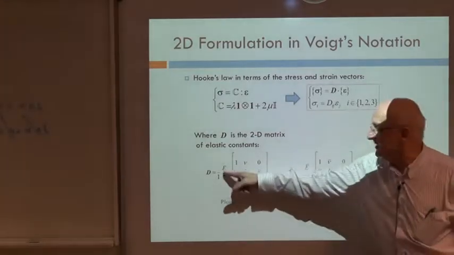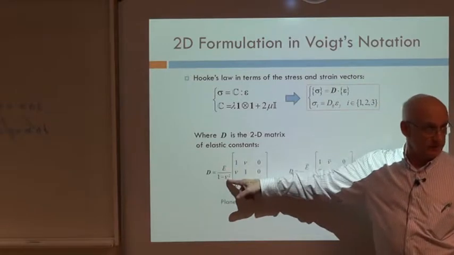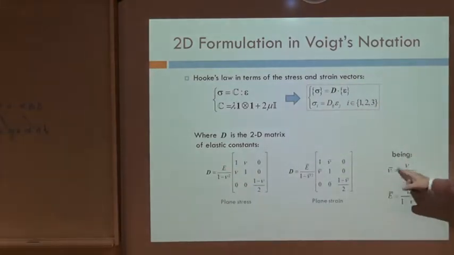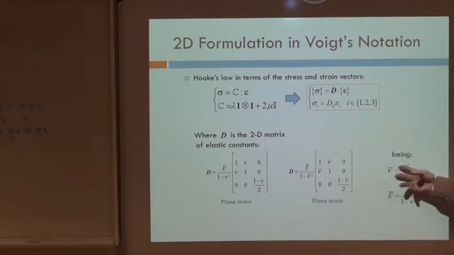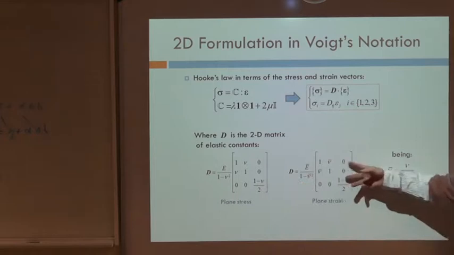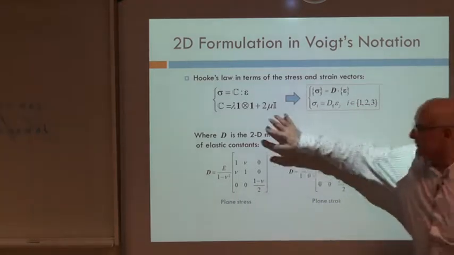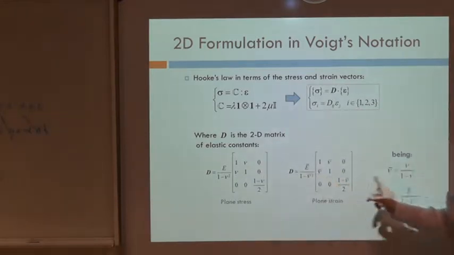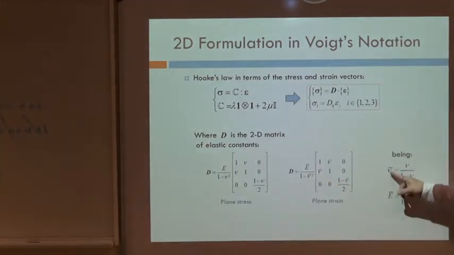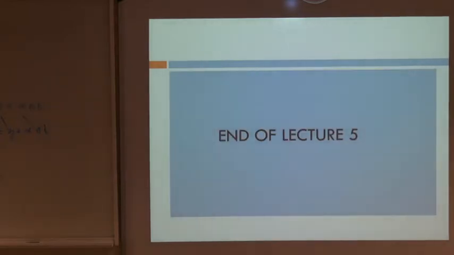But then, here we use the real values of E and nu, and for plane strain, we use the corrected values of E and nu. The bar means the corrected values, which is the way that you have to correct the ones for plane stress to obtain the ones for plane strain. So you code just that expression, and the input for that expression is just the original E and nu or the corrected E bar or nu bar. And that's it. Okay?